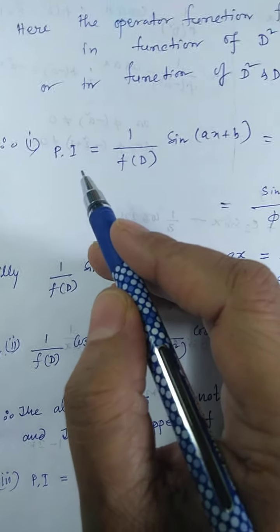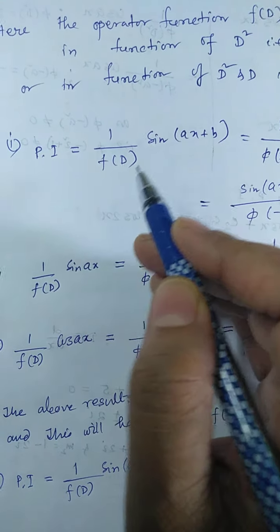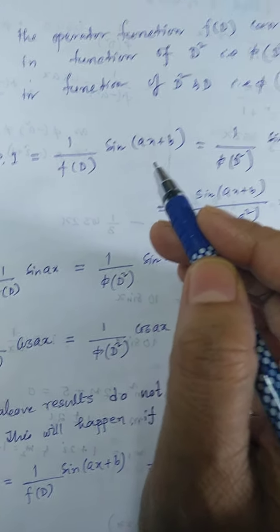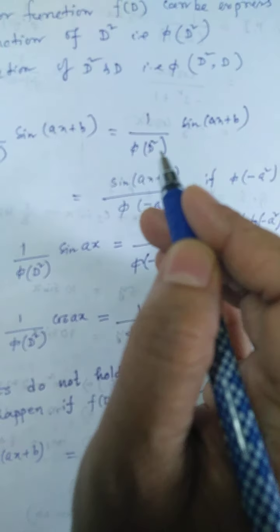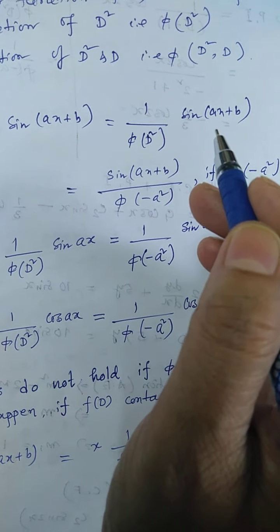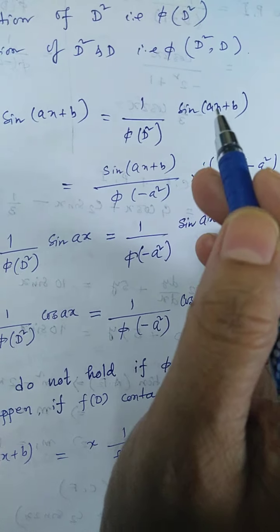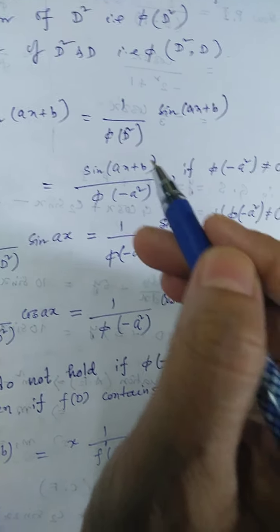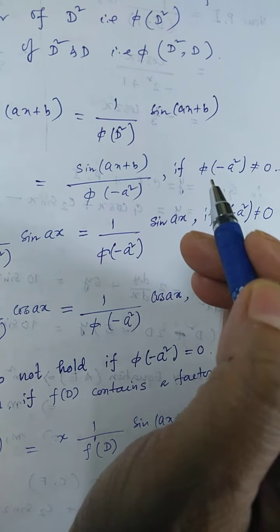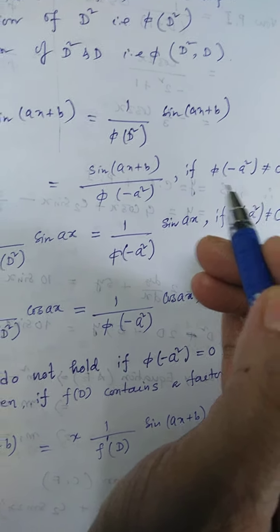Therefore, the particular integral can be written as 1/f(D) sin(ax + b). If it is phi of D² sin(ax + b), then D² can be replaced by minus a², the coefficient of x, and this will be the result if phi of minus a² is not equal to 0.